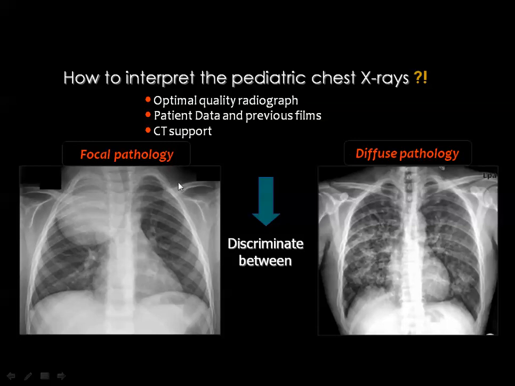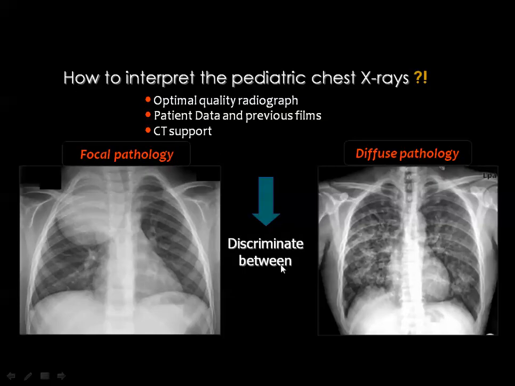And if you have the chance to have the previous films, this will be of much help. Then after these steps, if you did not reach a reliable diagnosis on which treatment can be given, then you should have the support of CT scan.